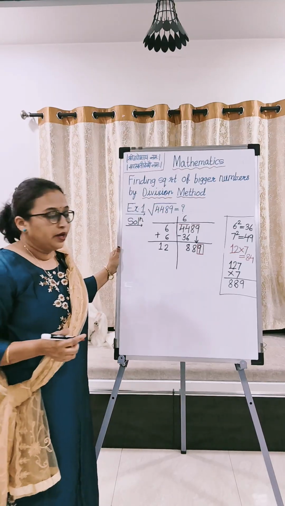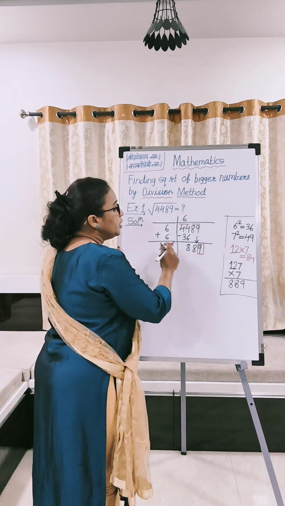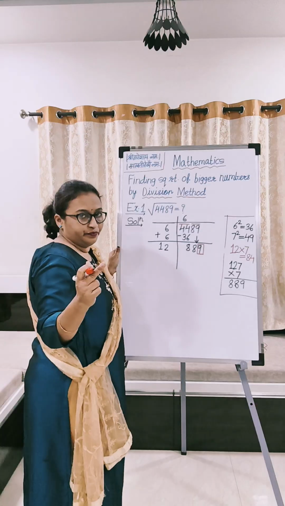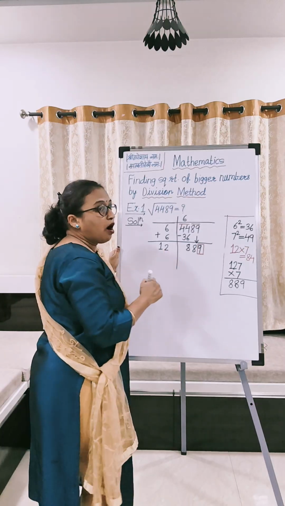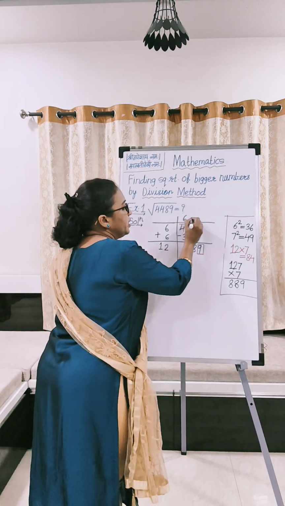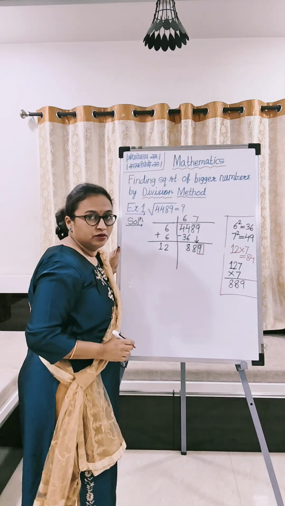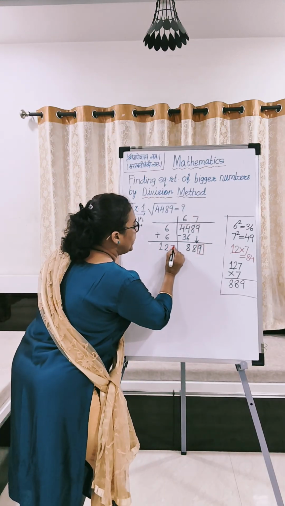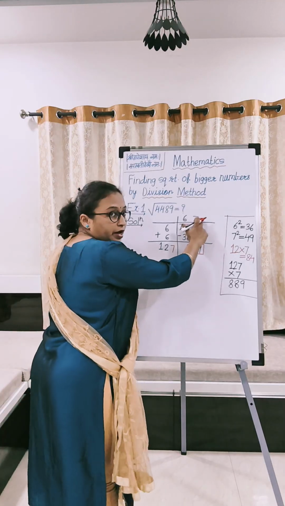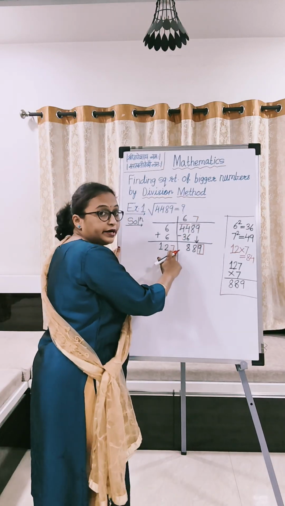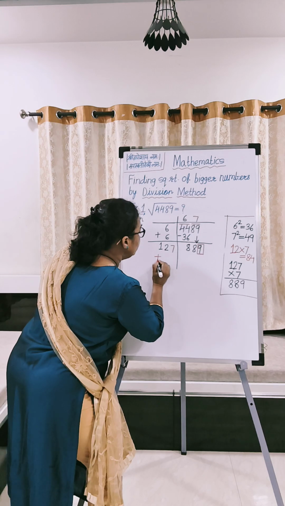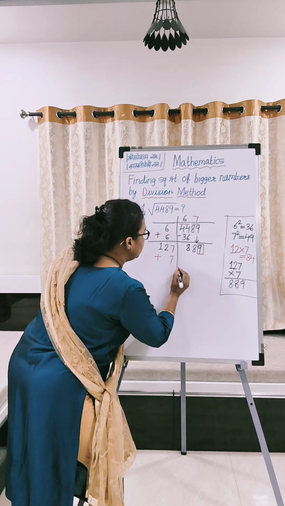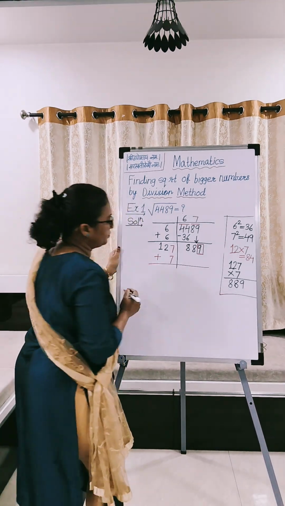You know the table of 12, so 12 sevens are 84. So our new quotient will be 7. We write 7 at the quotient's place, then at the divisor's place, and one more time below this 7.